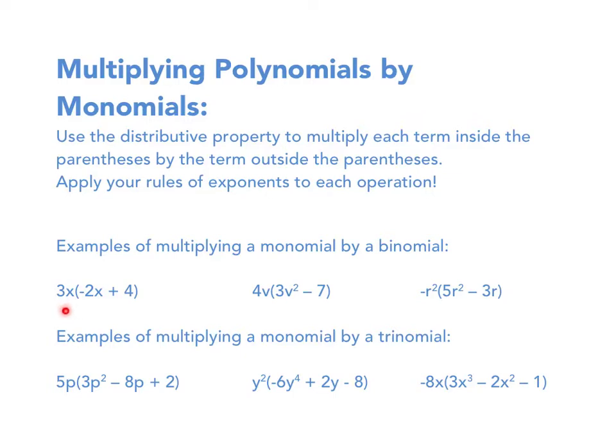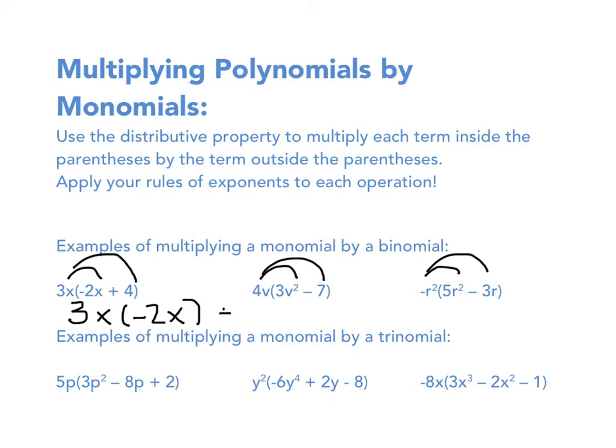Whenever you see a term outside the parentheses, you know that you can just multiply by each term inside the parentheses, and you can break it up to multiply by each term. We have plus 3x times 4. We're going to go through an example of that. But you can just see that we use the exact same things you did before, even when there were no variables attached to the monomial outside of the parentheses.